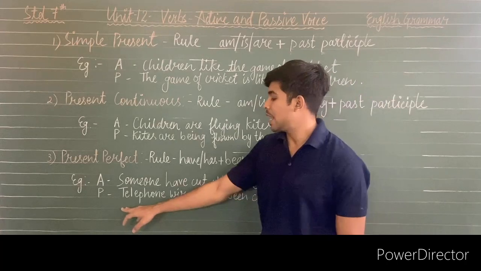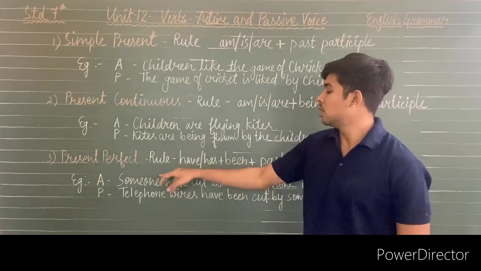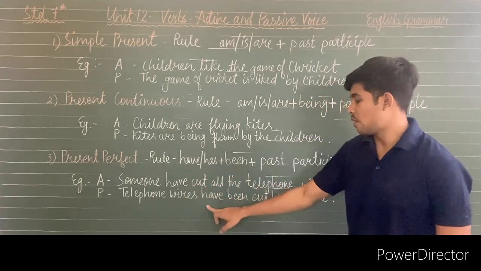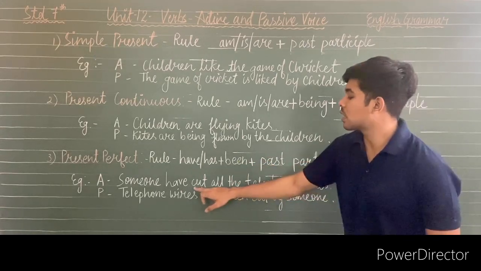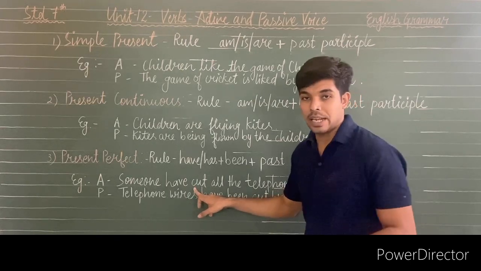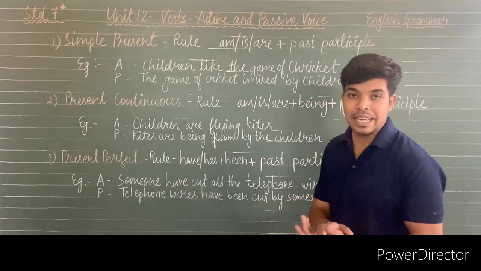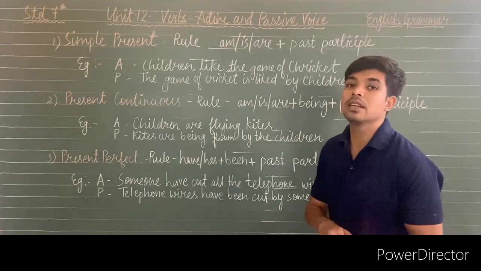So it will become telephone wires. Then after that we'll look at the rule, it is have or has: telephone wires have plus be plus past participle. So here cut is a regular verb or irregular verb? It is the same. It does not have different forms in different tenses.